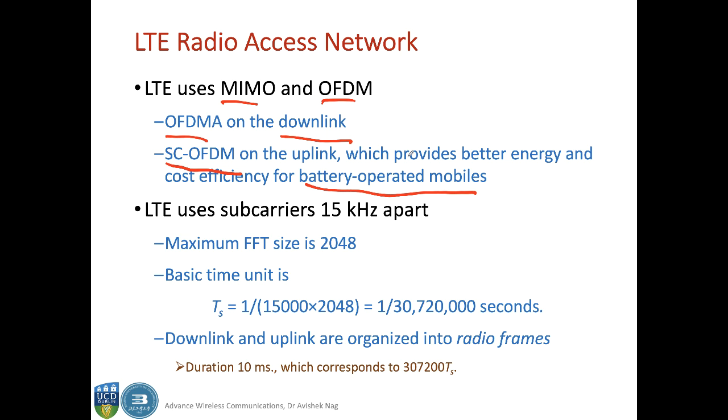operated mobiles. Those of you who have gone through my digital communication class have come across OFDM, or depending on when you are listening to this video lecture, whether you have gone through the OFDM part in your digital communication or not, you will come to know that OFDM has a disadvantage associated with the peak to average power ratio, which is called PAPR.